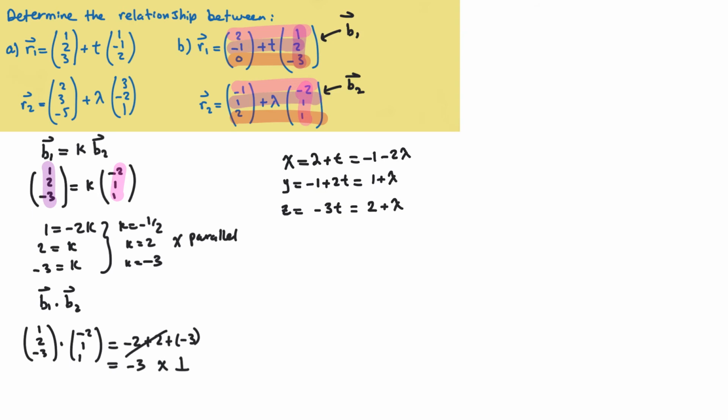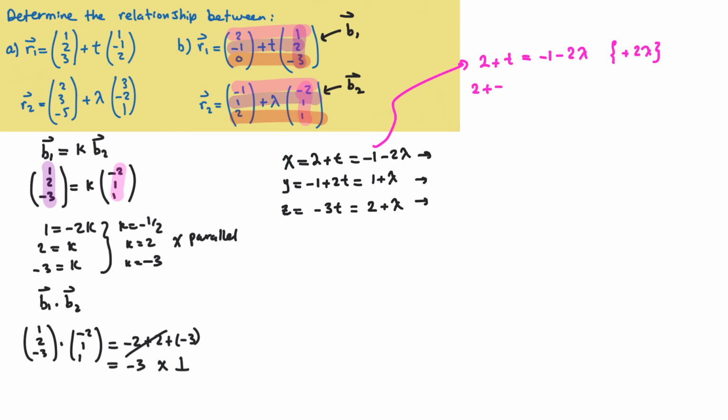Now that we have this, we're going to rearrange these. I will do the first example here to show you the procedure. We got 2 plus t is equal to -1 minus 2 lambda. I am going to add 2 lambda to both sides to get rid of the 2 lambda on the right-hand side.